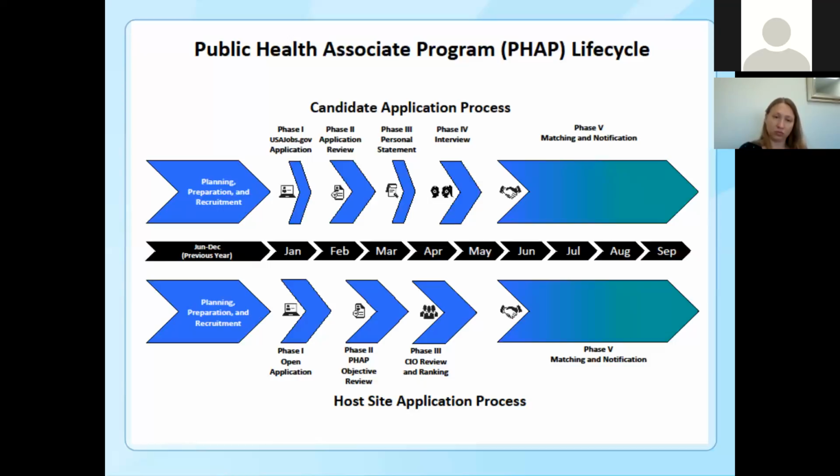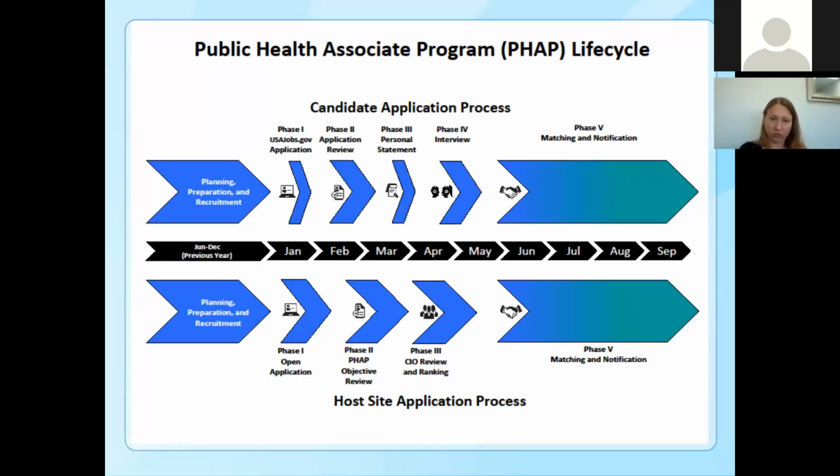Part of that is the nature of HIV work, with community interventions and community work, which lends itself really nicely to PHAPs, so they're not just in an office. I think our injury work does too. We just need to make sure we're framing it in a similar fashion so that it makes sense to these objective reviewers within the PHAP program. That was a great question. Any other questions from anyone?